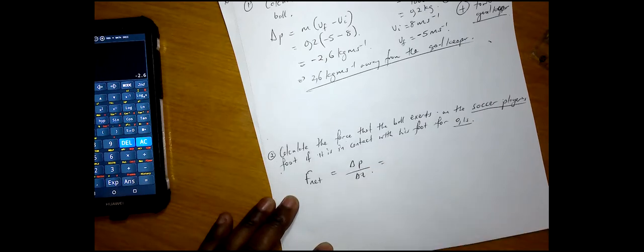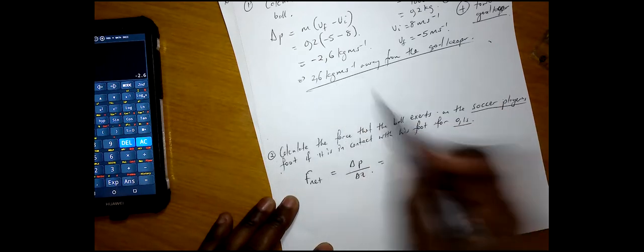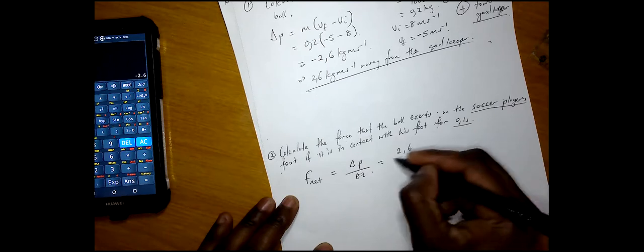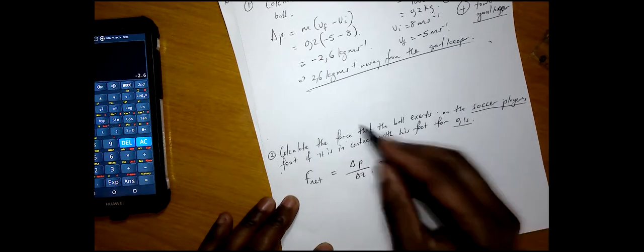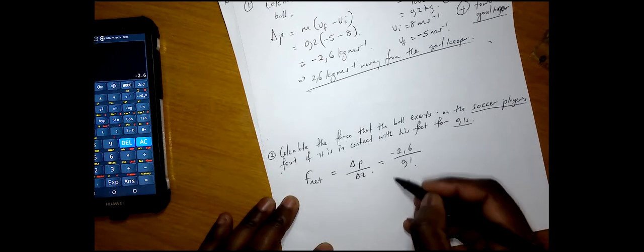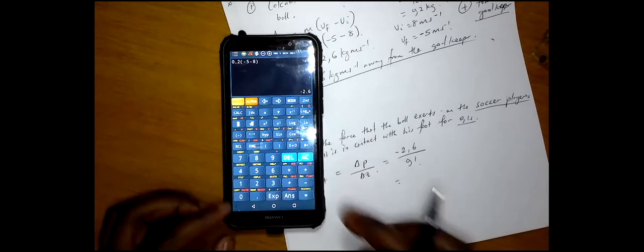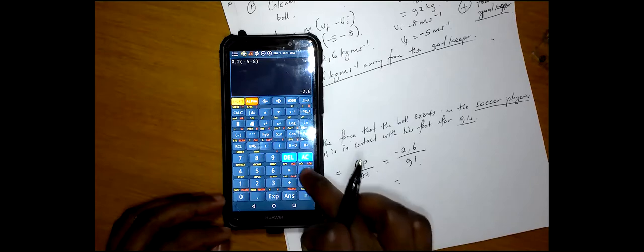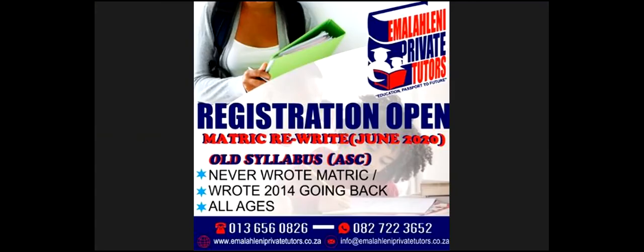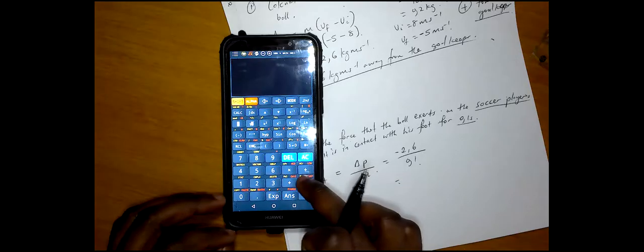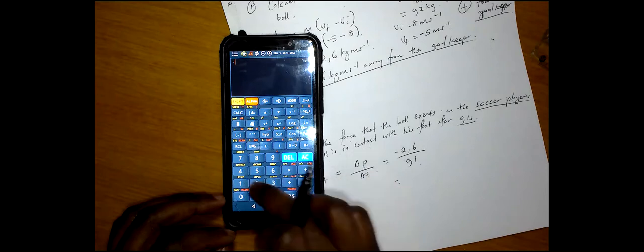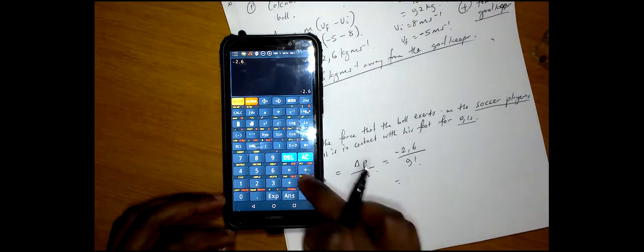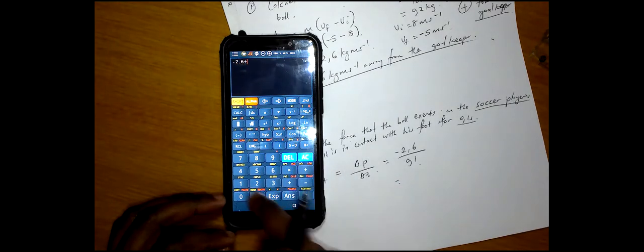What is our final answer here? Change in momentum, we got it already, negative 2.6. Remember, what is our time? 0.1. Then what is our answer? Negative 2.6 divided by 0.1.